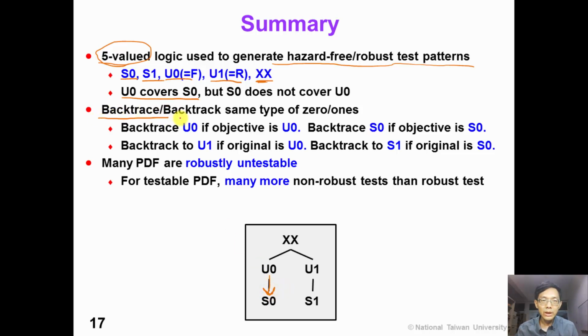When we do a backtrace or backtrack, we always backtrace the same type of zeros or ones. For example, we backtrace U0 if our objective is U0. We backtrack to U1 if our original value is U0. In reality, many path delay faults are robustly untestable. Even if it is testable, there are many more non-robust tests than robust tests.